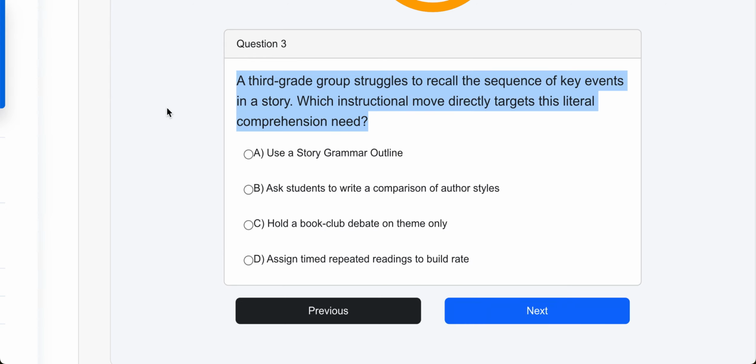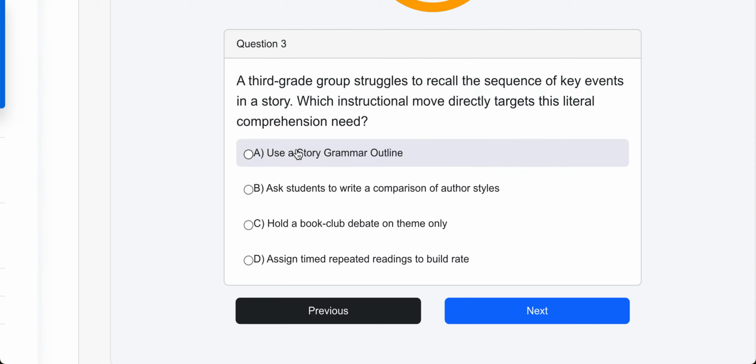This one asks, a third grade group struggles to recall the sequence of key events in a story. Which instructional move directly targets this literal comprehension need? If you ever see the words story grammar outline in one of the answer options, make sure to look closely at that.